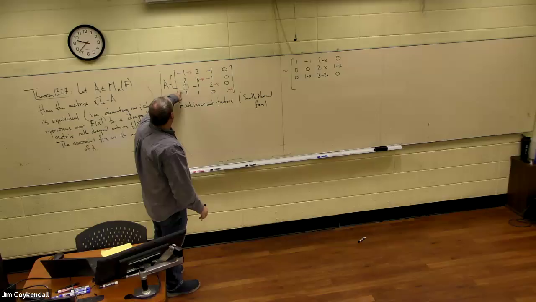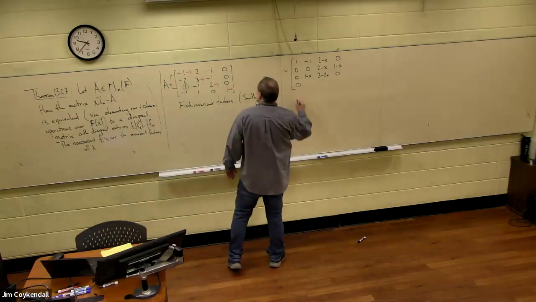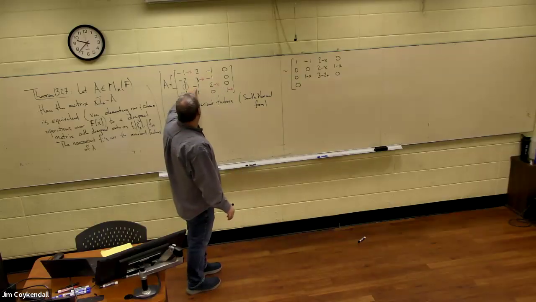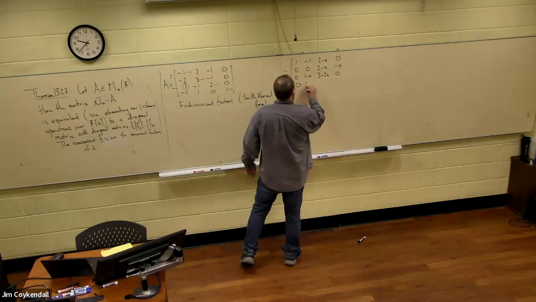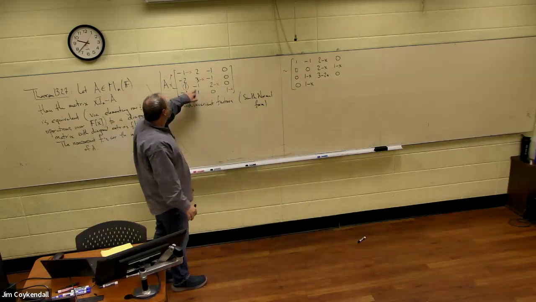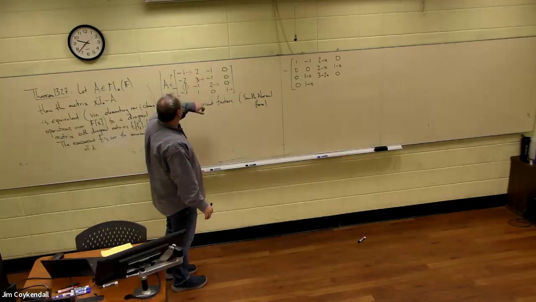So multiply that by 1 plus x and add. So I'm going to get a 0. That's going to be 1 minus x. Everybody agree with that? Times 1 plus x and add, so it's going to be 1 minus x.